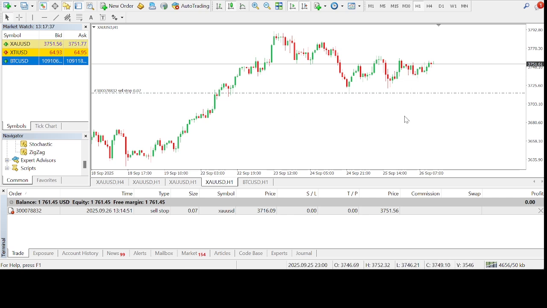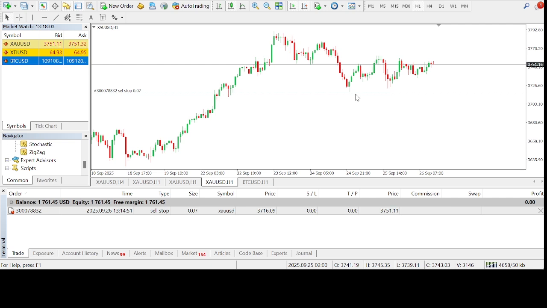In this case, you can modify your order and place your stop loss and your take profit. Do not leave them empty. Any order that you place, whether it's a buy limit, sell limit or sell stop, make sure to place your stop loss and take profit.